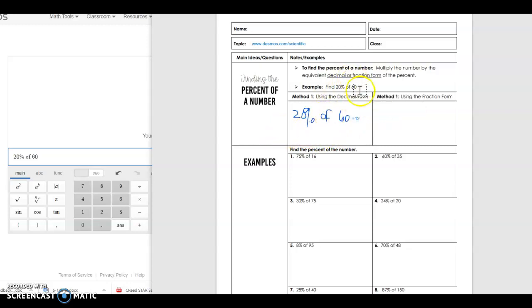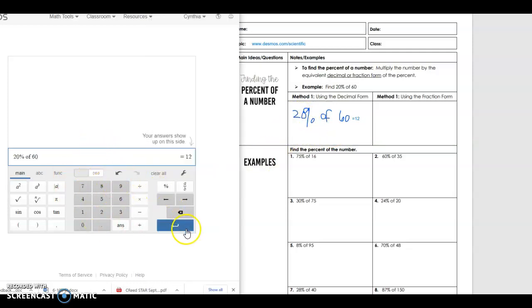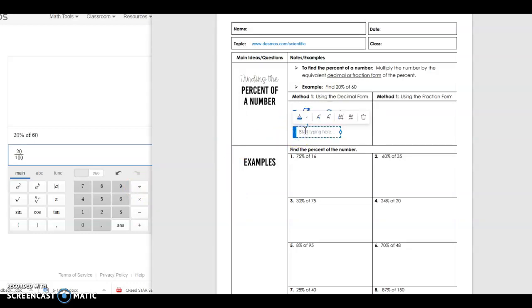So how do you do this as a decimal? The first thing you have to do is change the 20% to a decimal by dividing the percent by 100. So how would you do that on the Desmos calculator? It is 20, hit the division sign, 100 gives you 0.2.